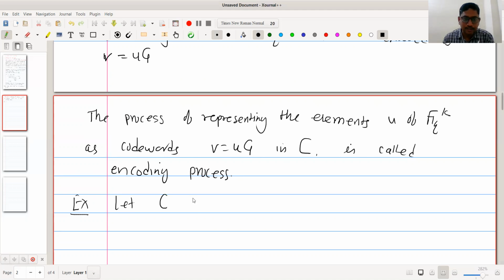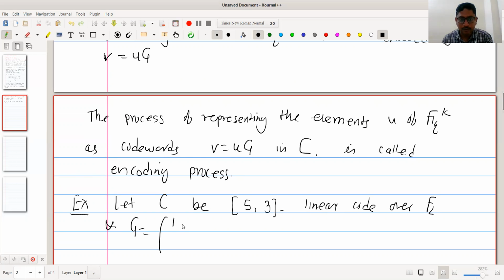Let C be a linear code of length 5 and dimension 3 over the binary field F2, and I'm writing the matrix as 1 0 1 1 0, 0 1 0 1 1, and the last row 0 0 1 0 1.